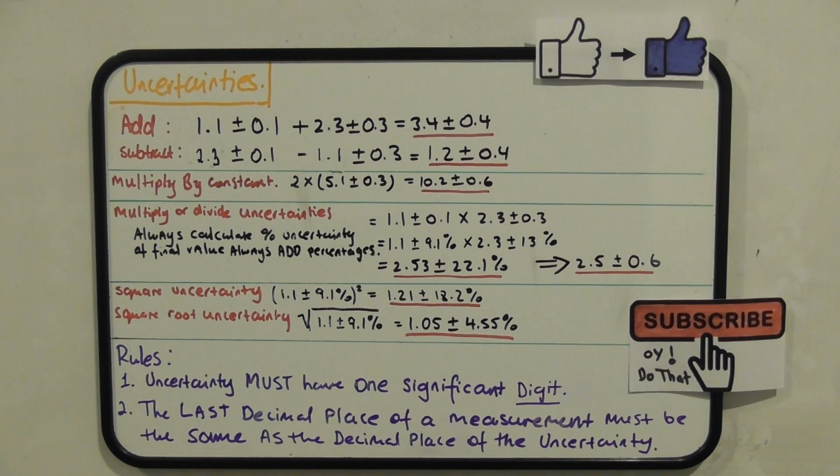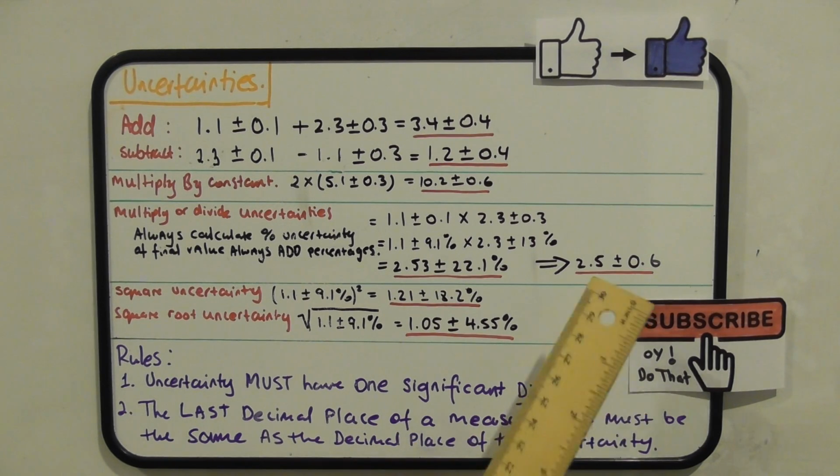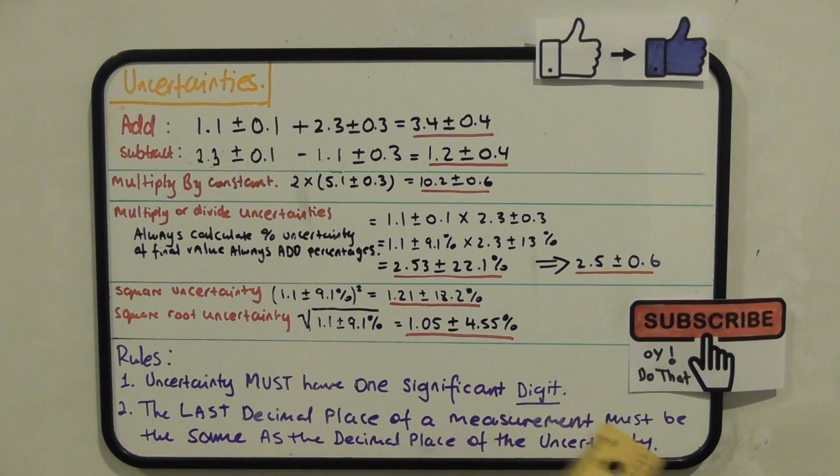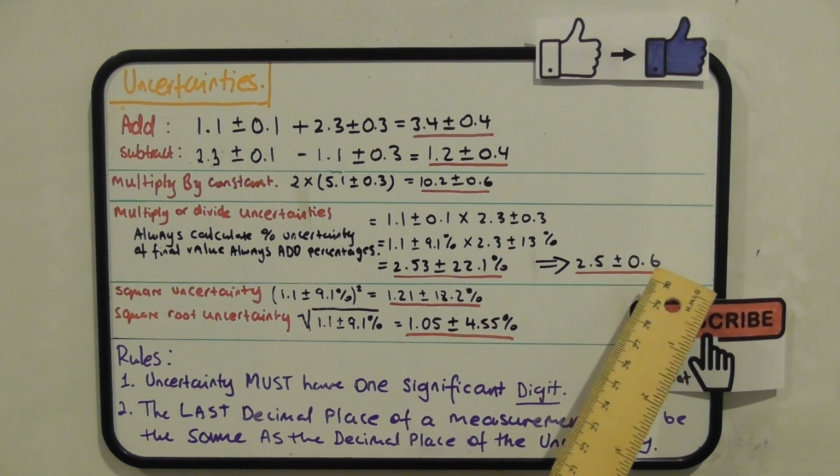Well, that's because there are two rules to uncertainties. First rule, uncertainties must have one significant digit. And second rule, the last decimal place of a measurement, 2.5 in this case, must be the same as the decimal place of the uncertainty, 0.6 in this case.